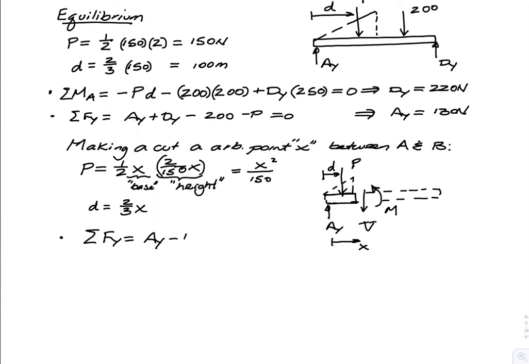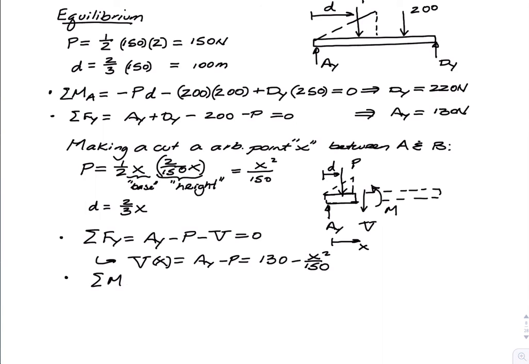I get minus P minus V. So therefore, from this, I see that the shear force at some position x is going to be Ay minus P. And we found Ay before, that was 130. And then I subtract away the P, which we saw was x squared over 150.